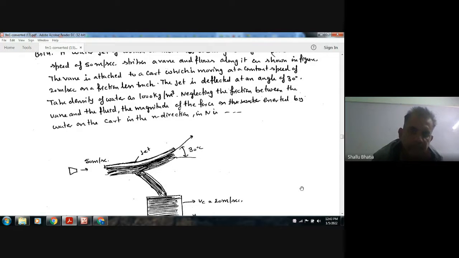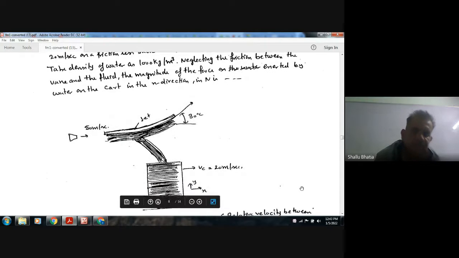The vane is attached to the cart, which is moving at a constant speed of 20 meters per second on a frictionless track. The jet is deflected at an angle of 30 degrees. Take the density of water as 1000 kg per meter cube, neglecting the friction between the vane and the fluid. The magnitude of the force exerted by the water on the cart in x direction in Newton is.